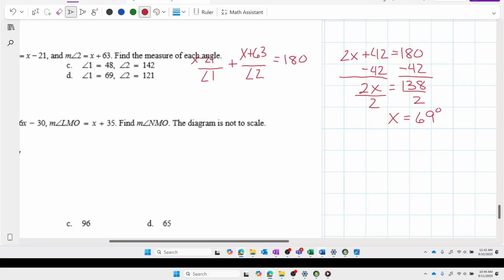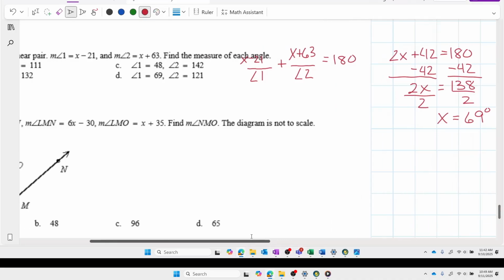So if we go back here, we got an x that's equal to 69. So angle 1 is equal to 69 minus 21, which is 48.